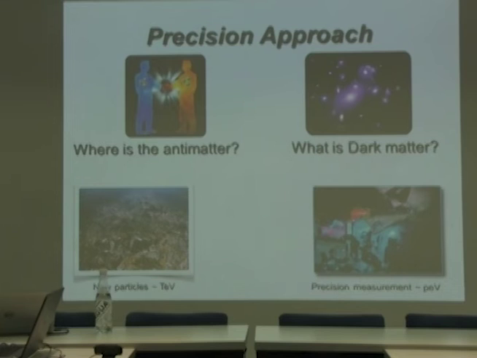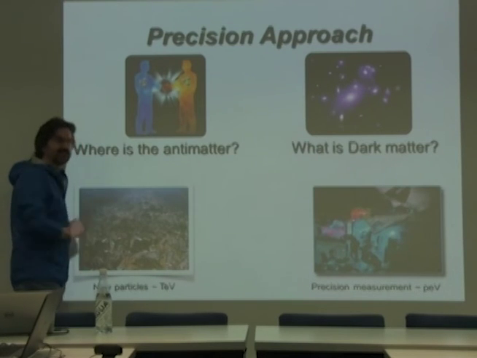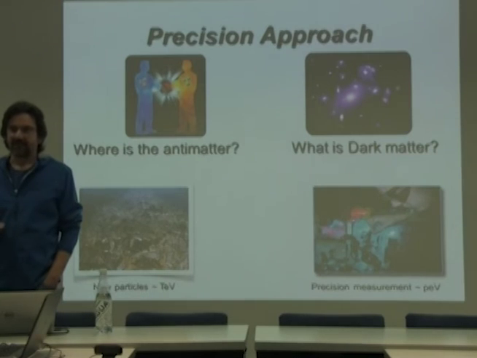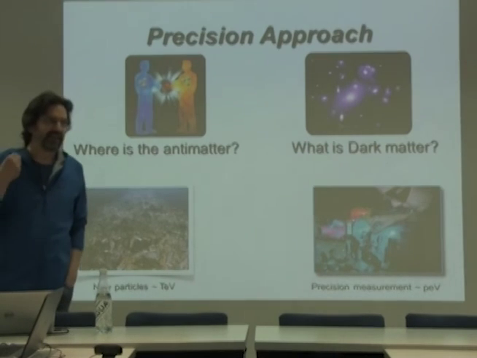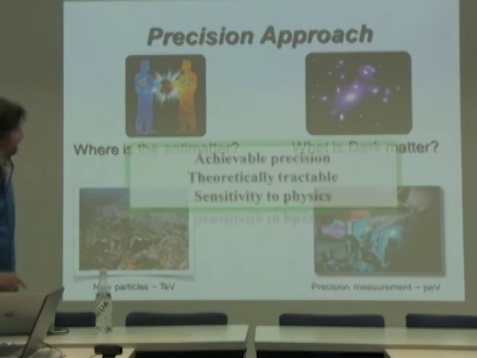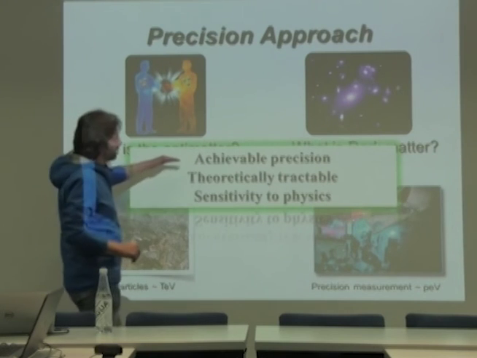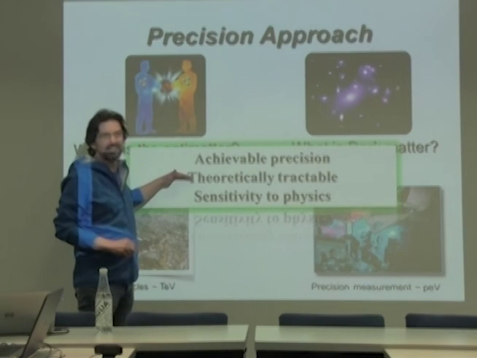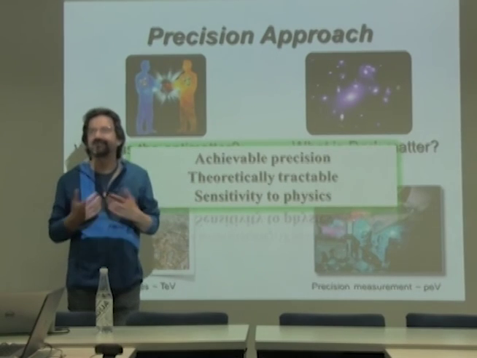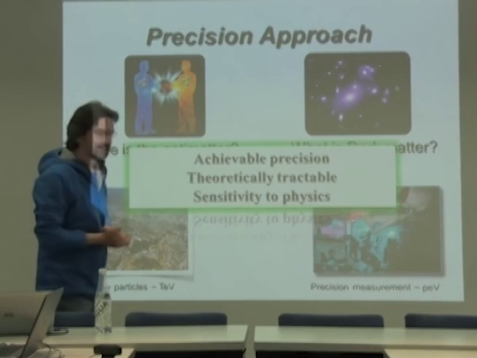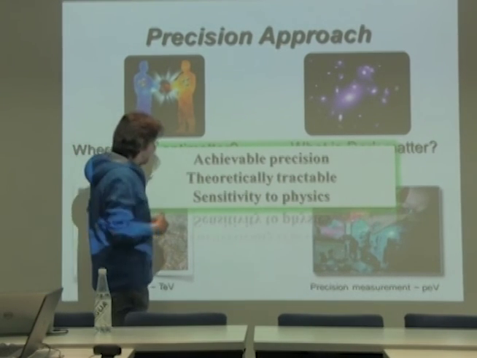I don't want to imply that this has nothing to do with precision, because high energy experiments are also aiming at precision. Precision means actually something, and that means how good can I do a measurement? Can I actually have a model describing that thing which I'm investigating? Is it worthwhile to look for that?